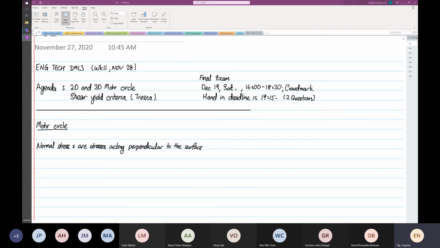Any stresses that are acting perpendicular to the surface are known as normal stress, and a typical formula that we know will be stress is equal to force divided by area plus My over I. This is for axial loading, axial stress, and this is induced by bending moment.